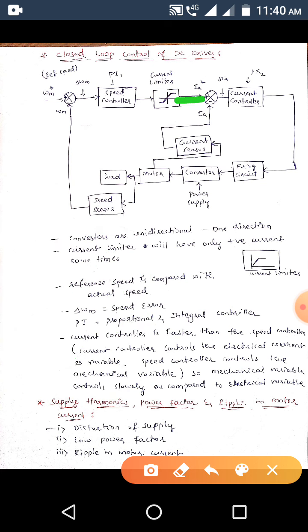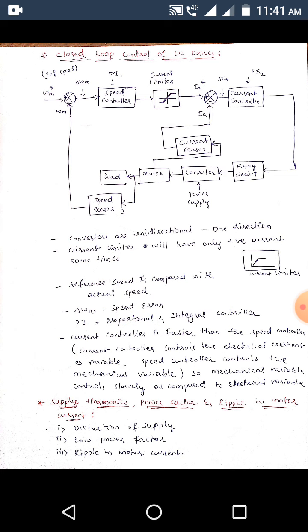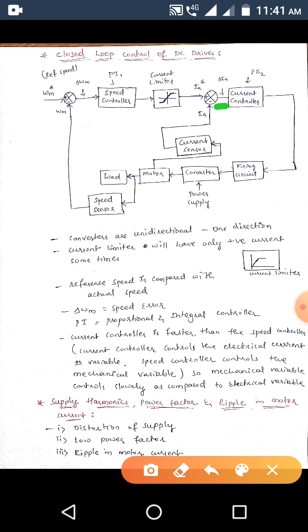Then that is connected with some reference current, that is IA star, with the actual speed. This reference is plus and this is negative. Now that is connected with the current controller, and the current controller is connected with some firing circuit. Overall these block diagrams are in complete series, but due to insufficient space I have taken this in the next line.